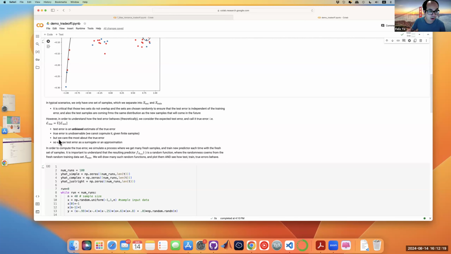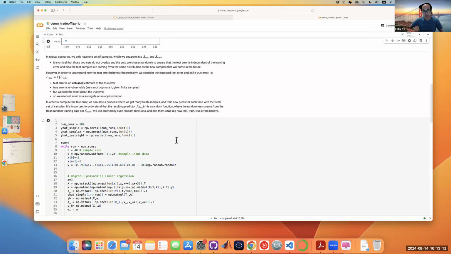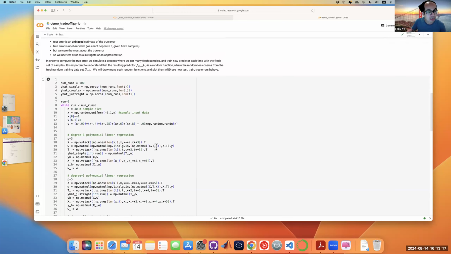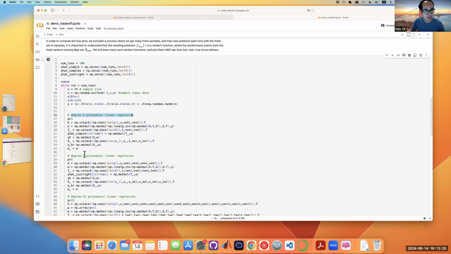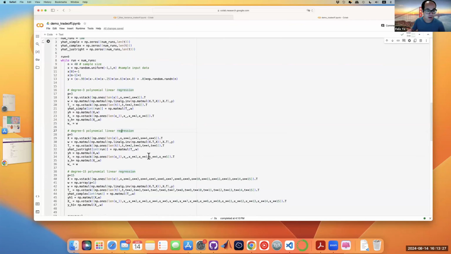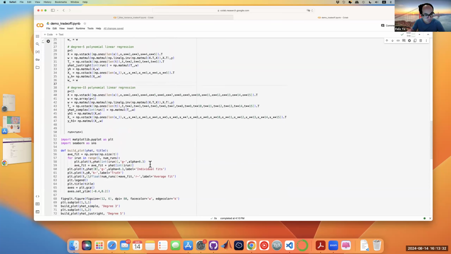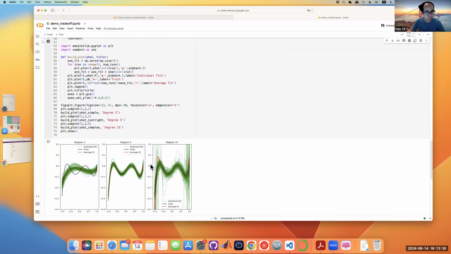So we repeatedly generate these datasets, with 40 training points and 100 testing points, to approximate the test errors. We run this 100 times right here, and we repeat it with degree 3 polynomial regression, degree 5 polynomial regression, and degree 15 polynomial regression. Then we plot them out.